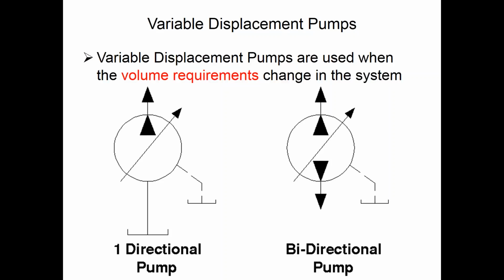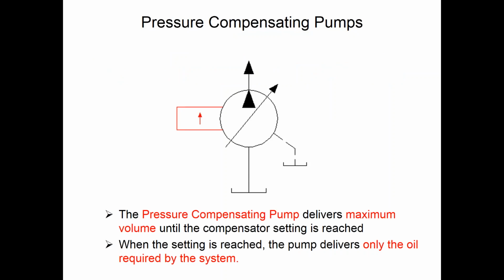Some of them can be manually stroked, some of them are horsepower controlled. The vast bulk of them that I run across are pressure compensating pumps. And this is a symbol for a pressure compensating pump. And most of the larger systems that have a lot of actuators, this is what's going to be used.